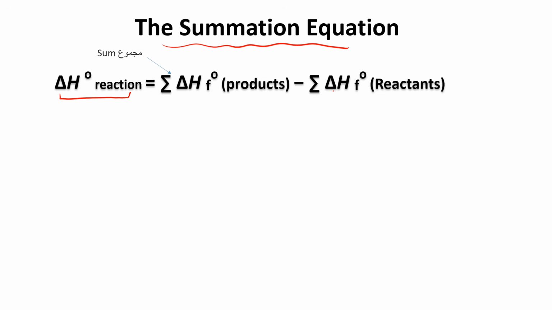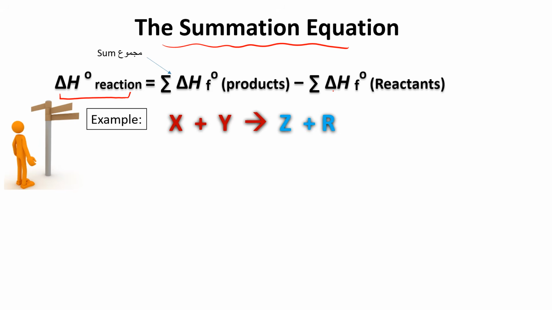So what does that mean? Let's see an example. Imagine you have this reaction here, X plus Y gives me or produces Z plus R. So we want to find the delta H of this reaction. We don't know the delta H of this reaction, okay?